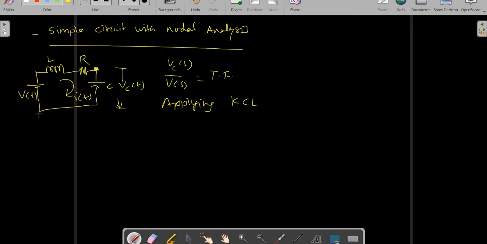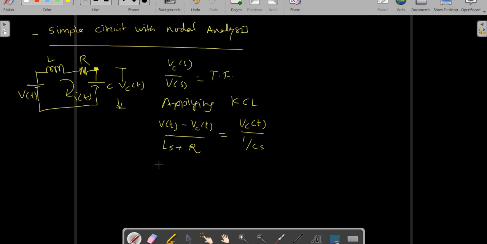If I consider this current as flowing from V(t) to Vc(t), I write (V(t) − Vc(t)) divided by this impedance, the sum of the impedances of L and R, Ls + R. Incoming current equals outgoing current, Vc(t) divided by the impedance 1/Cs.